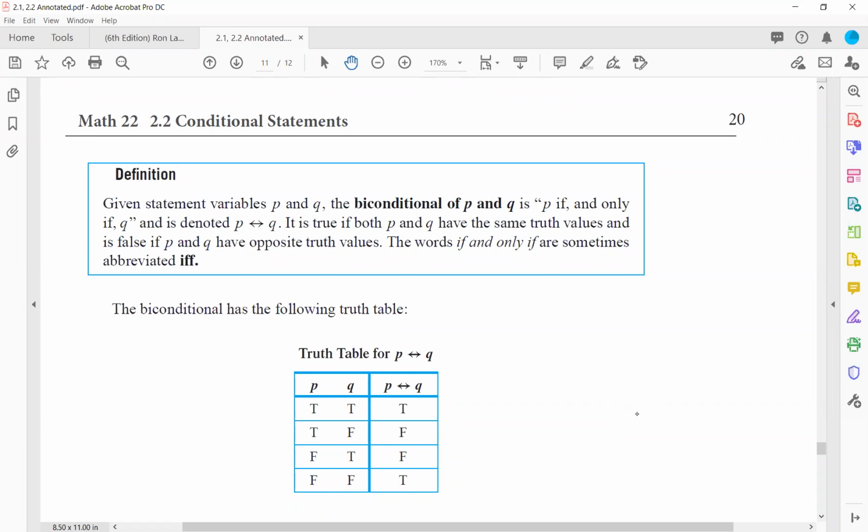So when they have the exact same truth value, the outcome is true. If one of them is different from the other one, it's going to be false. So in other words, you can write P is equivalent to Q, P implies Q, Q implies P, if and only if the truth table works like this.